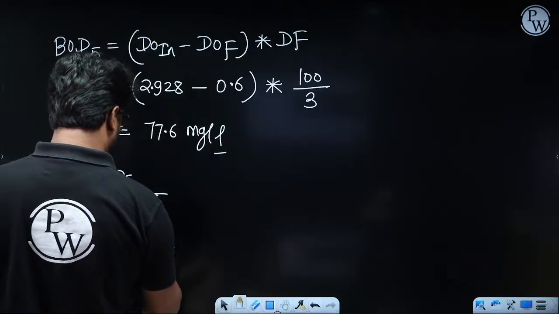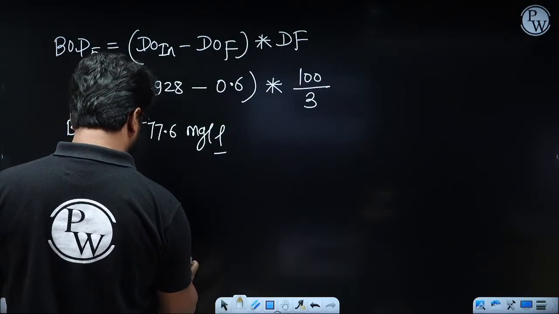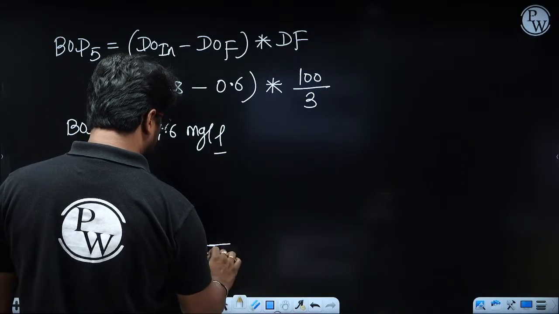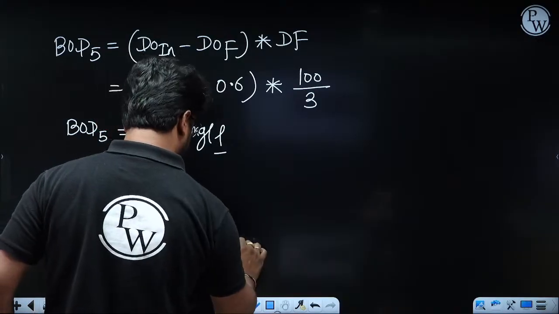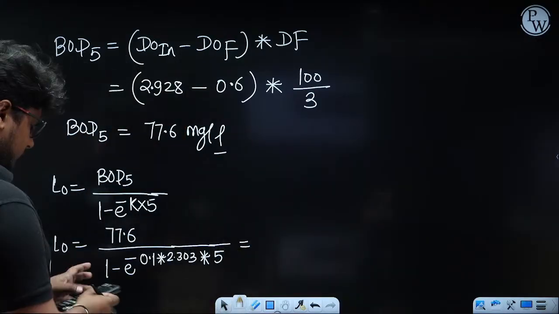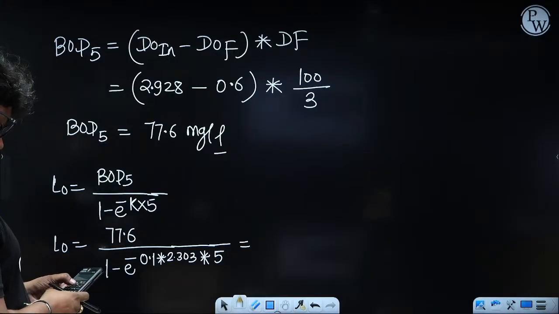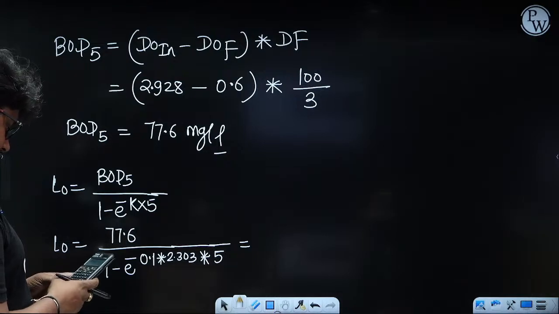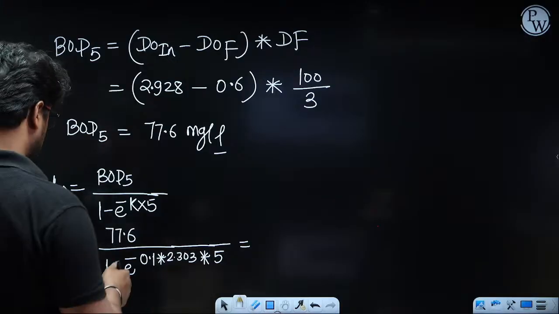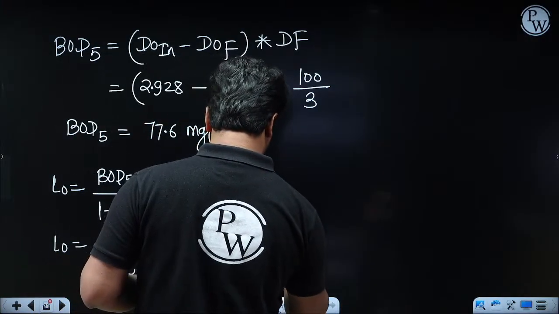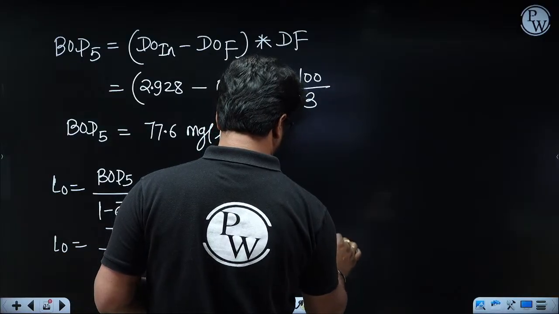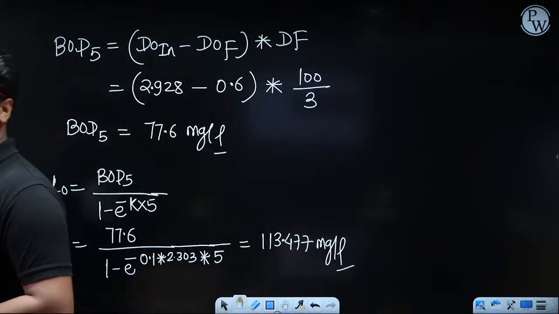So I have to multiply this value 0.1 by 2.303 to convert it into base e and then multiply by 5. According to the calculation, I am getting around 113.477 milligram per liter.